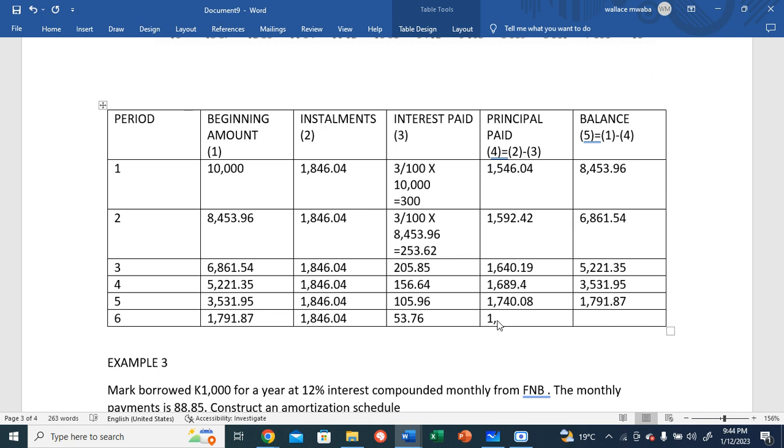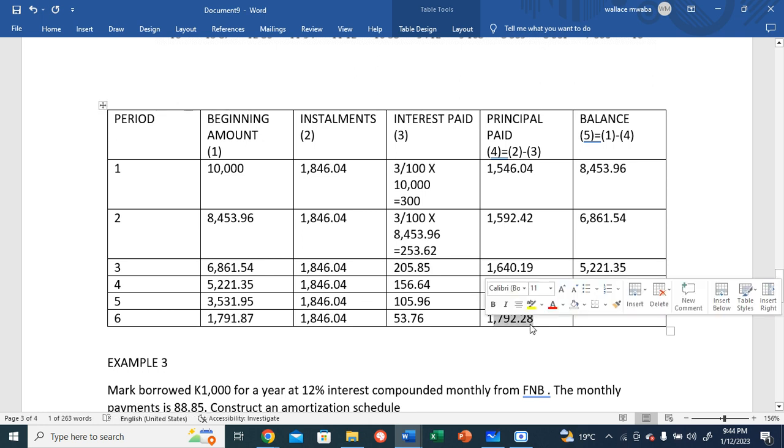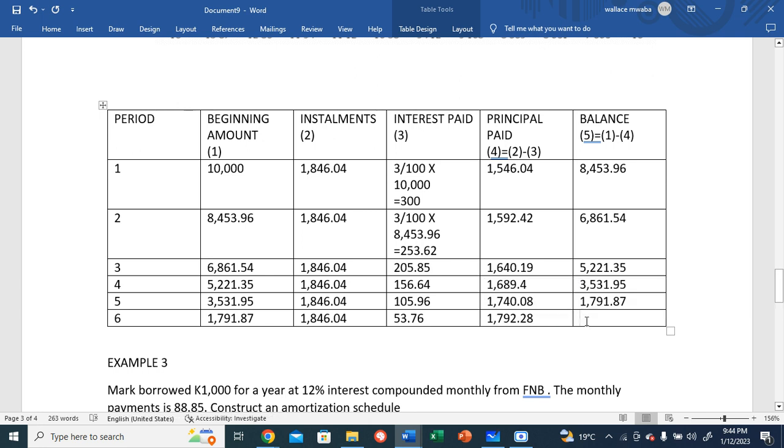Okay, 1,792.28. All right. And we subtract 1,791.87 minus this 1,792.28.